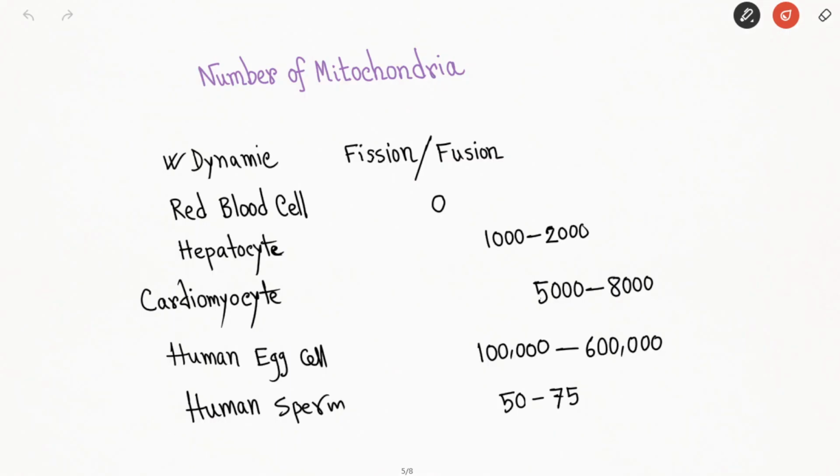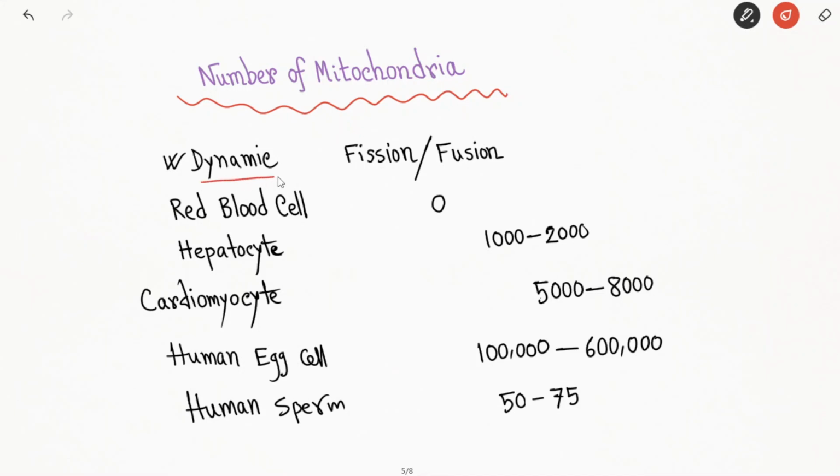Now let's learn about the number of mitochondria. The number of mitochondria per cell depends on the location of the cell and the amount of energy they need, or the amount of work they perform. Mitochondria are dynamic in nature.